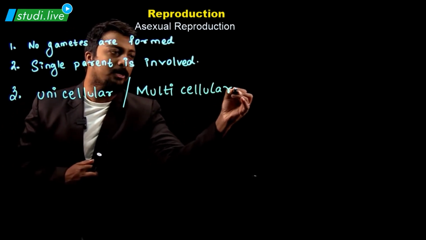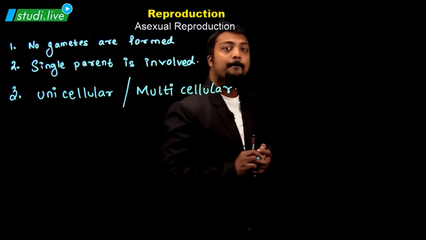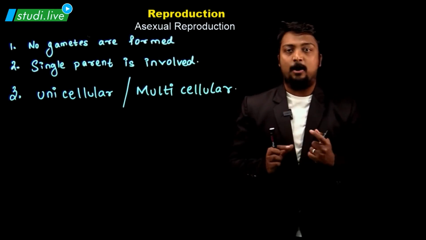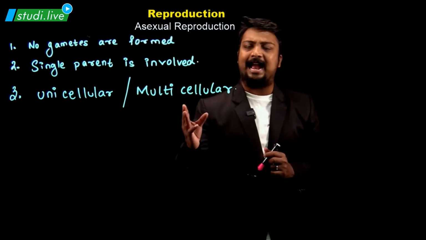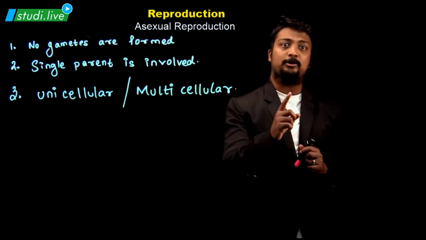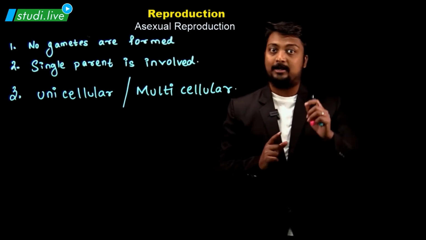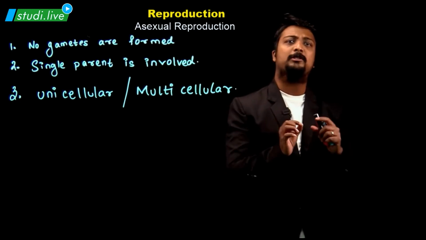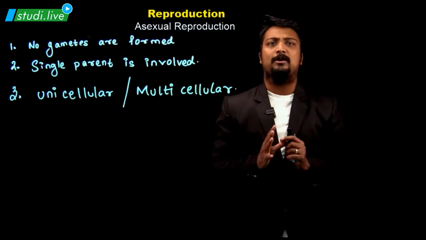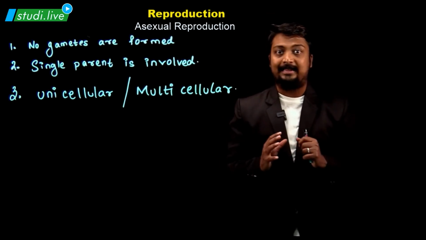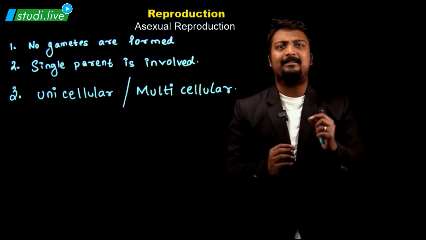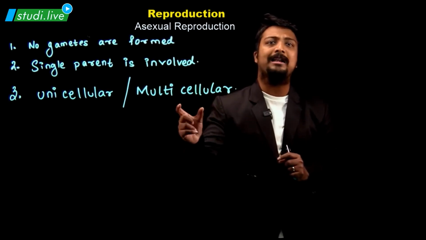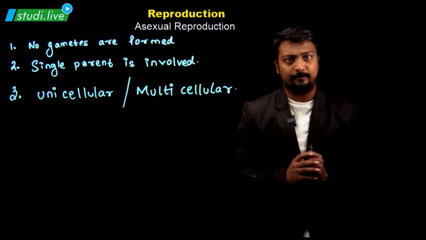What is the difference between unicellular and multicellular? Certain gametes are present in the name of spores in multicellular organisms, but in unicellular that is not the case. So gametes are not formed by fusion, but a small amount are present in asexual reproduction of multicellular organisms.